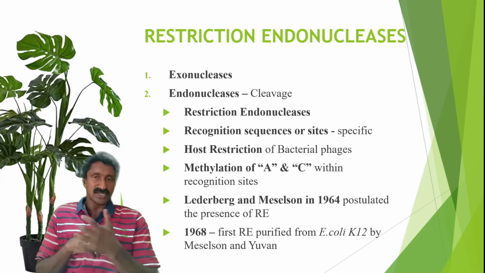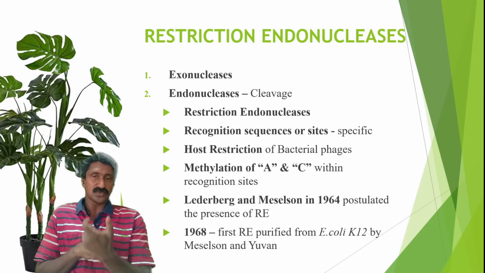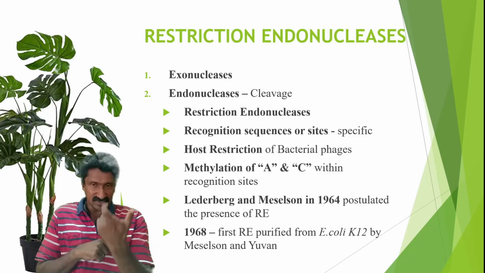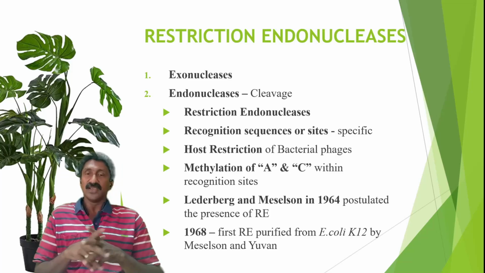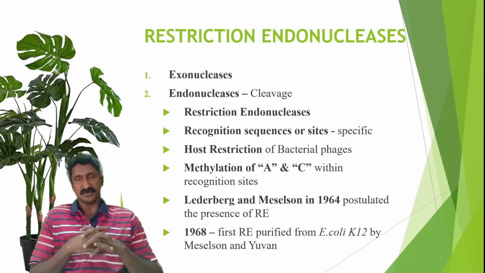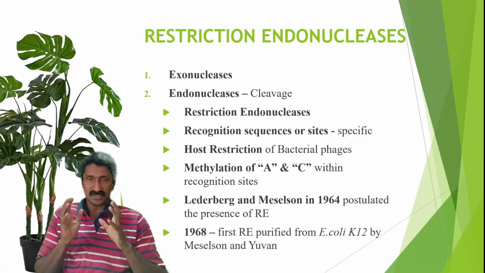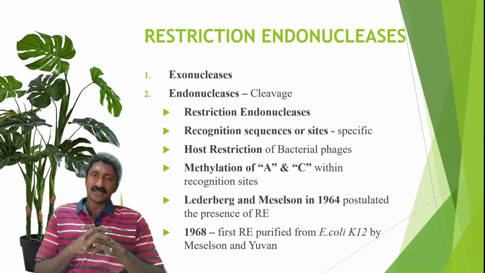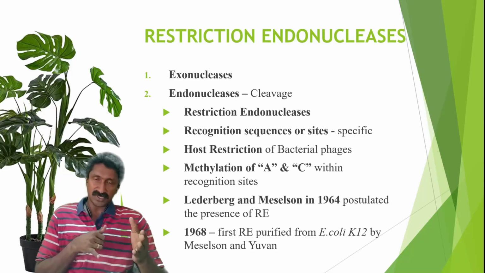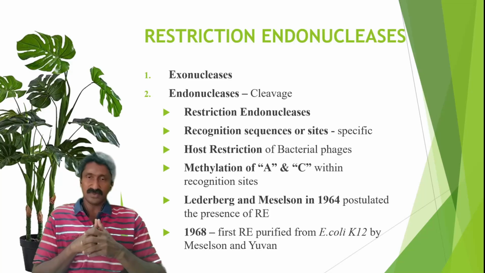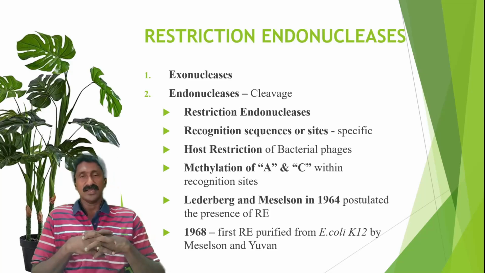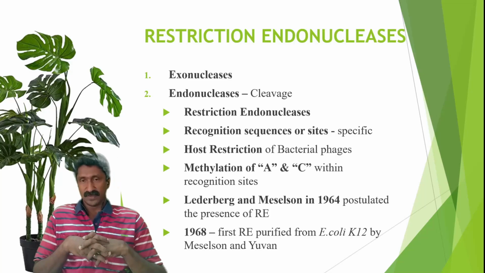Because these restriction sites were specifically methylated for a particular host cell, one restriction enzyme which is effective in one species will not be effective in another species, because of these host cell restriction features.